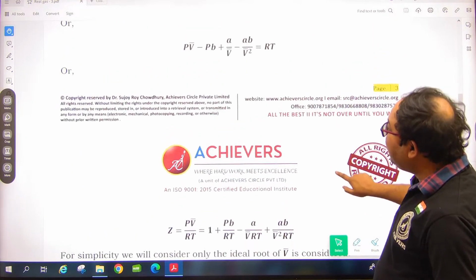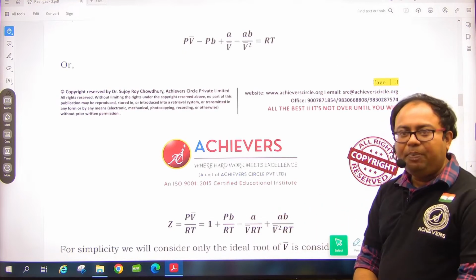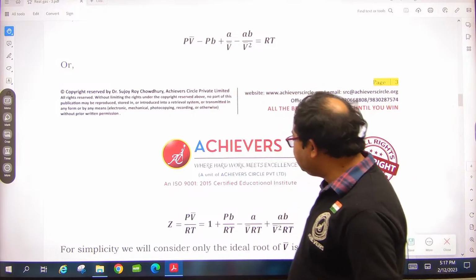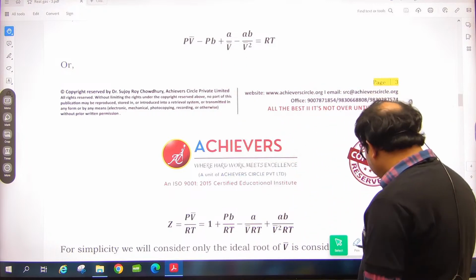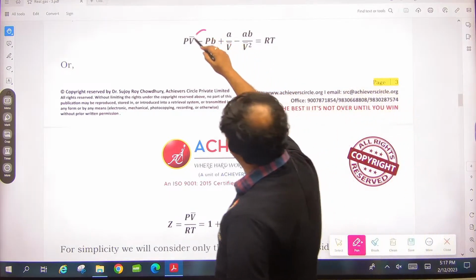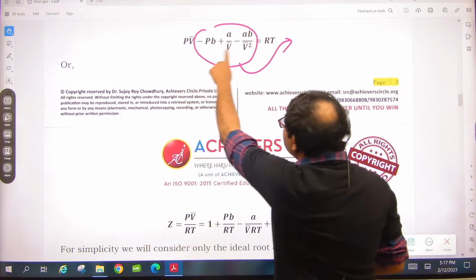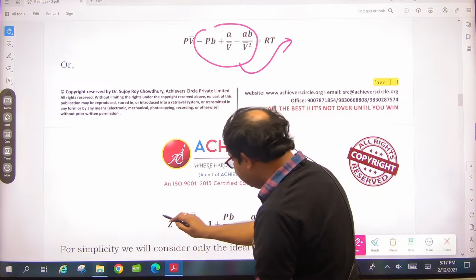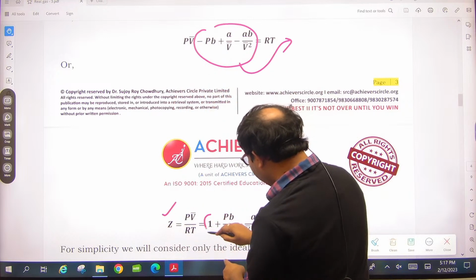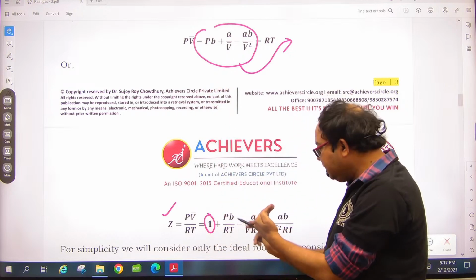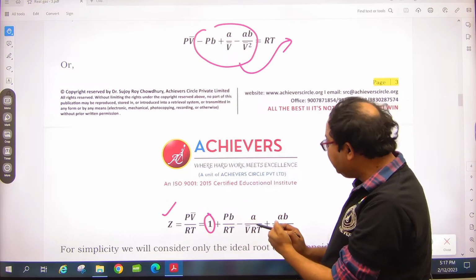Now we know that Z is equal to PV bar by RT. So you divide both sides by RT and you bring this thing here. So PV bar by RT, this is Z, is equal to RT by RT is 1. This minus sign becomes plus in the right hand side. So it becomes plus PB by RT.